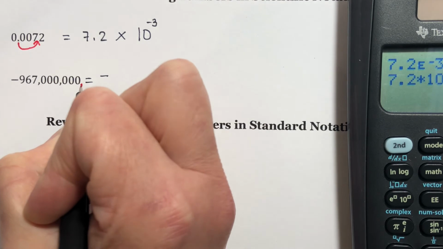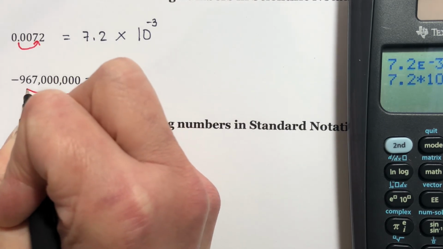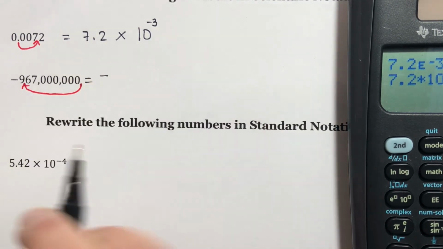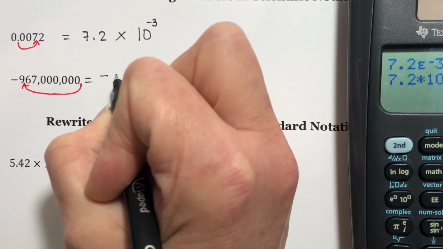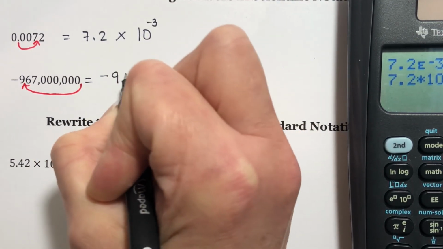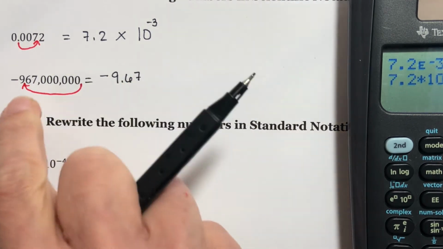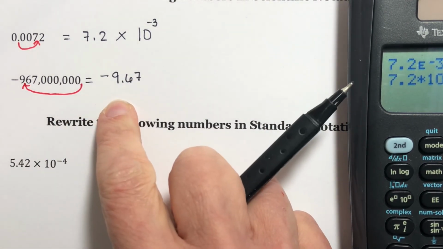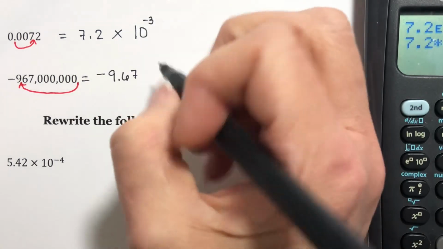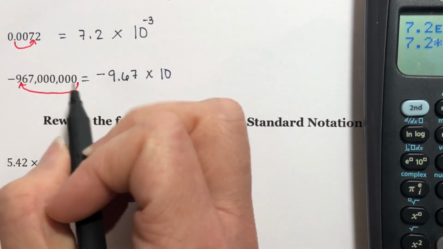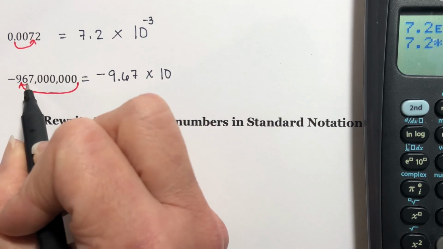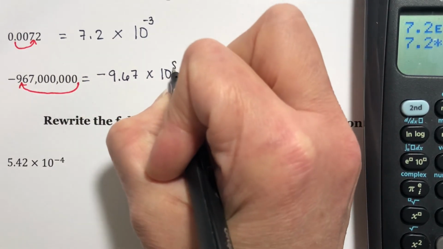So I'm going to take this and I'm going to move it. So I have one number in front that is not a 0. That means I'm moving it between the 9 and the 6. So I have negative 9.67, and then I can drop all of those zeros. Okay, times 10 to some power. How many spots did I move it? 3, 6, 7, 8 spots.